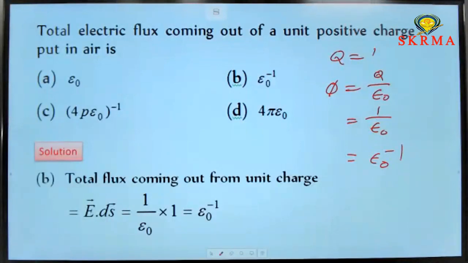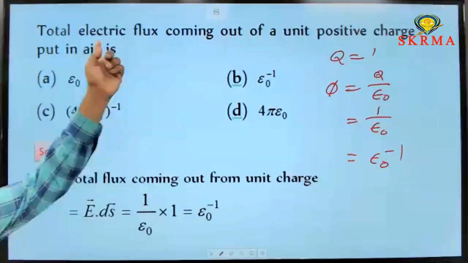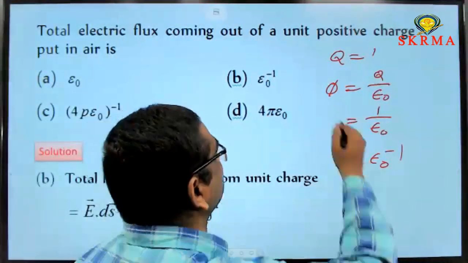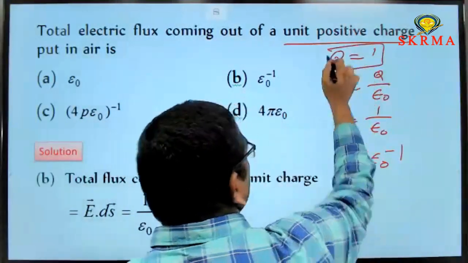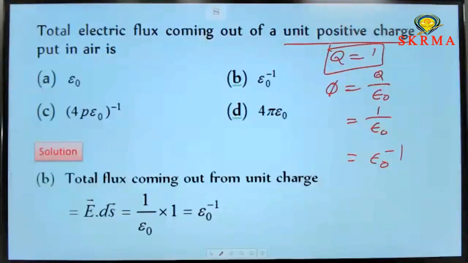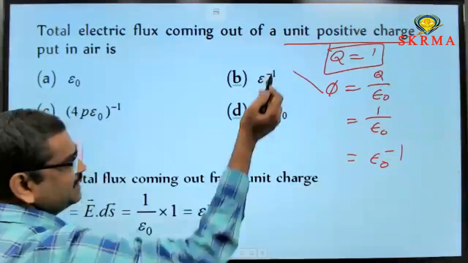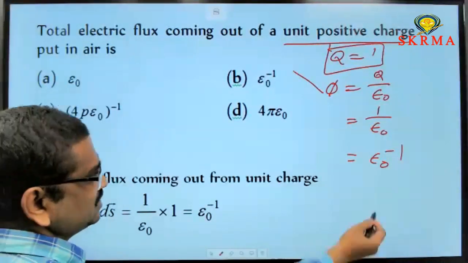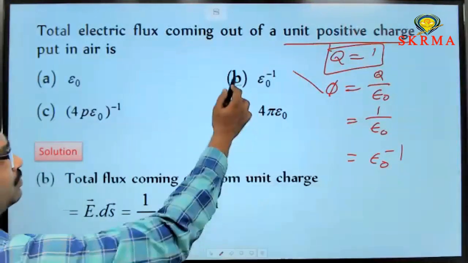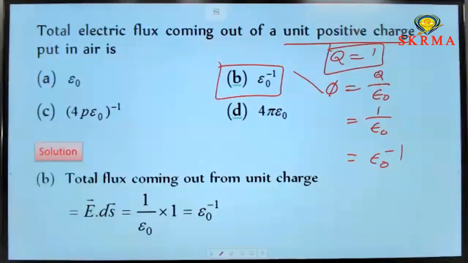That is the flux. Flux coming out of a unit positive charge, so Q equal to plus 1. Now substitute that value in the basic flux equation, phi equal to Q by epsilon naught. Then you will get 1 by epsilon naught, that is epsilon naught power minus 1. So option B is the correct answer.